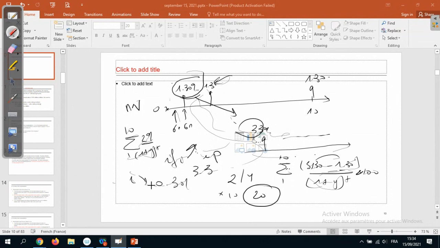If you want to sell your swap, you will lose money. How much? The sum of 1%, that is 1.30 minus 0.30, discounted from 1 to 10.